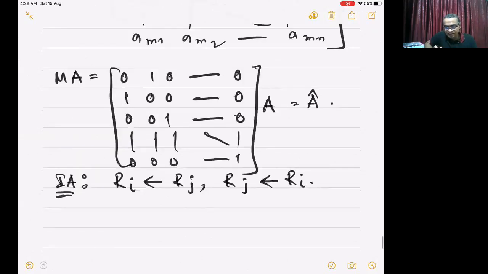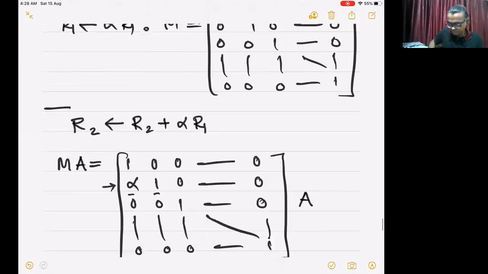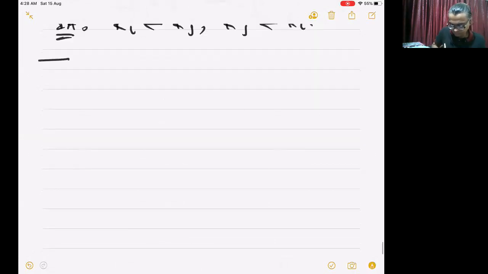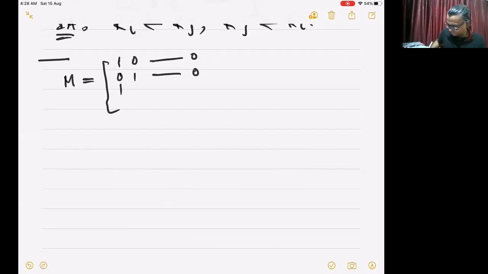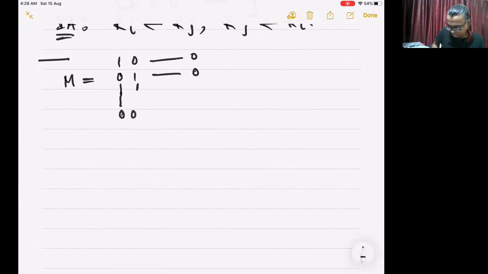Indeed, for the first case, this one, let me show you. M being equal to 1, 0, 0, 1, 0, alpha, 0, 0, 0, 1.